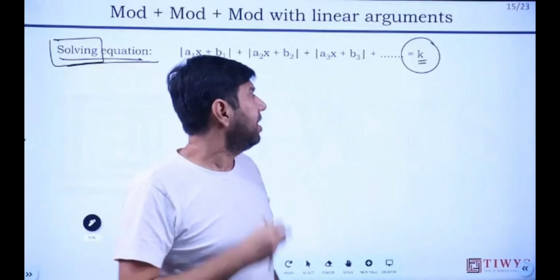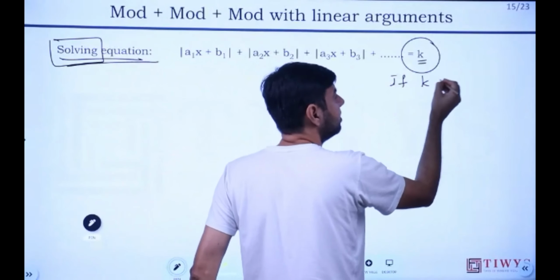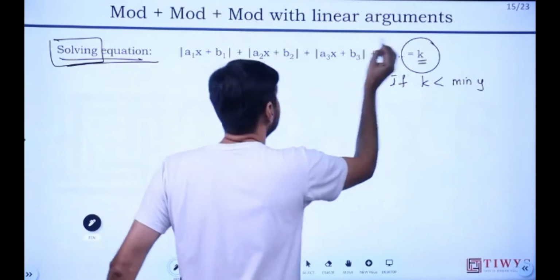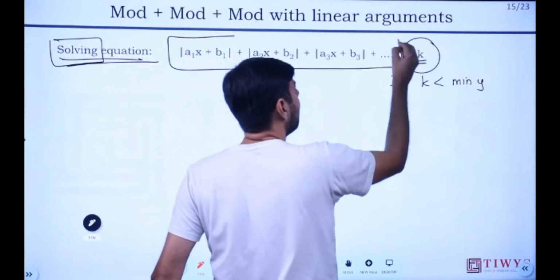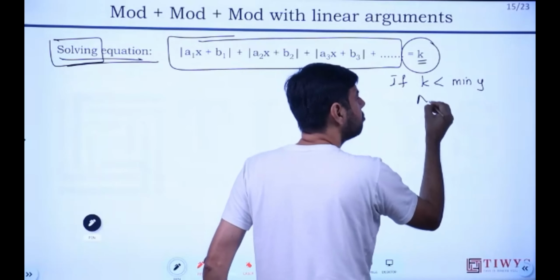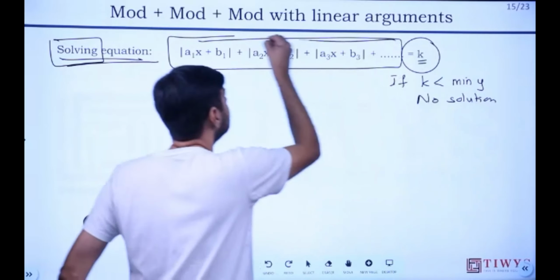Here, if k is less than the minimum of y, don't go and find the minimum, I'm just giving you the theory, then there are no solutions.